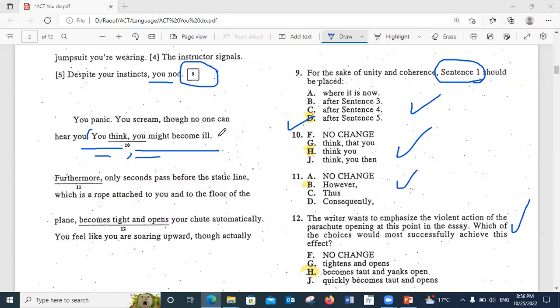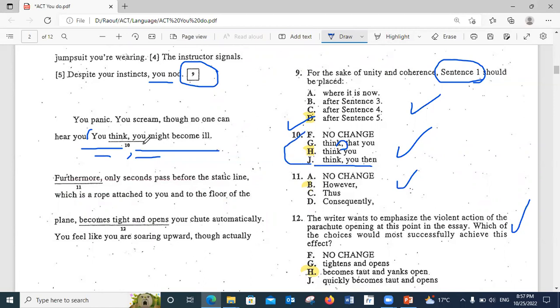So question 10, we have a comma splice error in F. But how about G? I don't think we need the comma in G because, as I said before, we don't use a comma before that. We might use a comma before which, but not that. So you think G is the same error like F, a comma splice error?